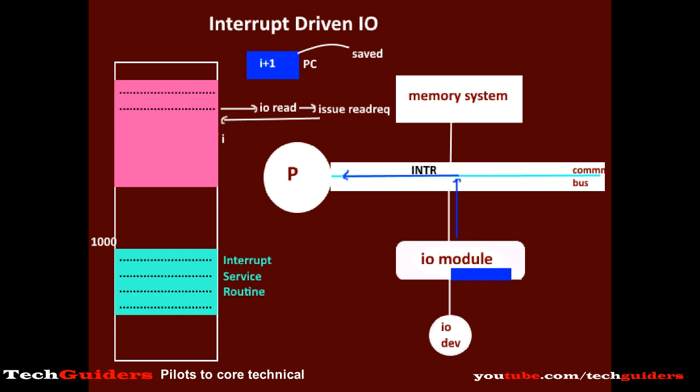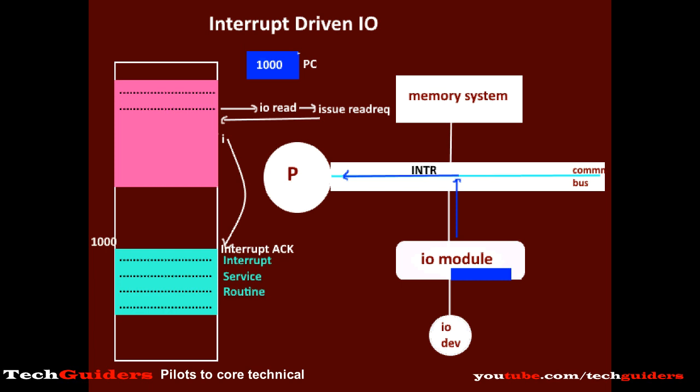Then the processor will load the address of the interrupt service routine into the program counter. Hence, next the processor will execute from the program counter address, the address of the interrupt service routine. In other words, the processor will jump to the interrupt service routine. Also, proper steps will be taken to acknowledge the device that its interrupt is being processed.